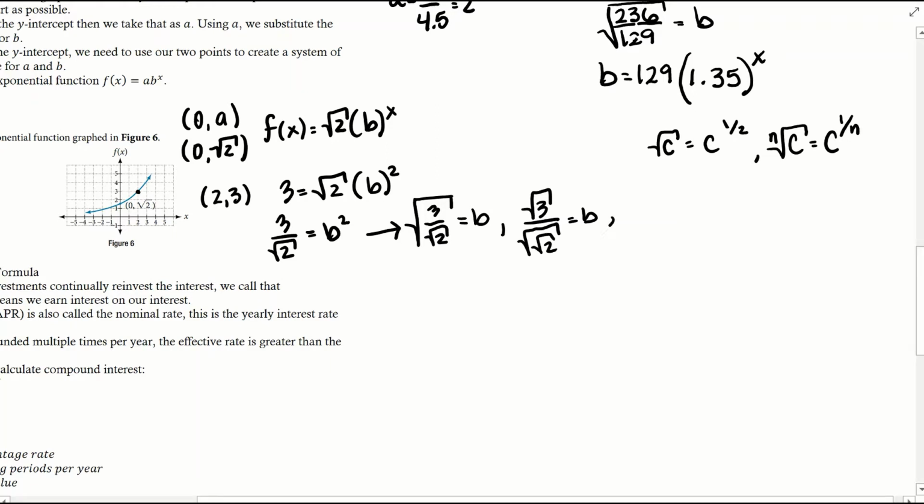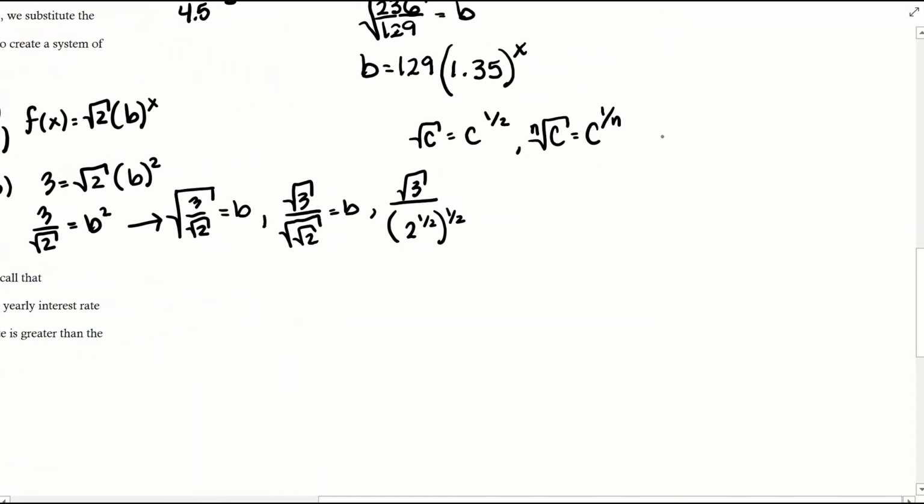So that means I'm going to get square root 3 over 2 to the half, to the half. And another law of exponents is that if I had any exponent being raised to another exponent, then you multiply those two exponents together.